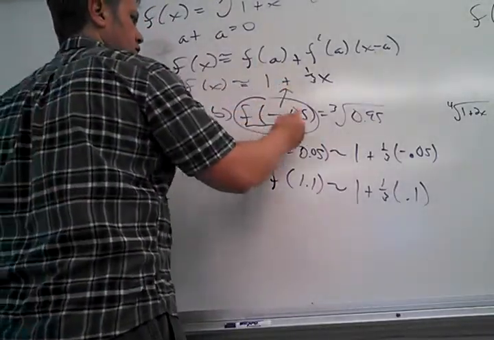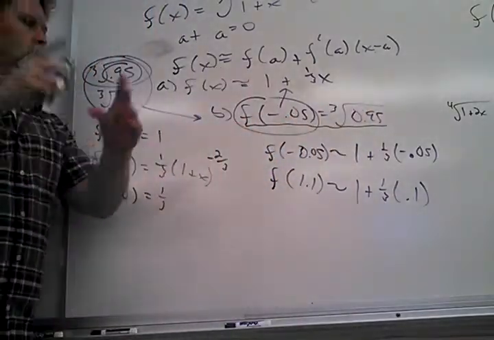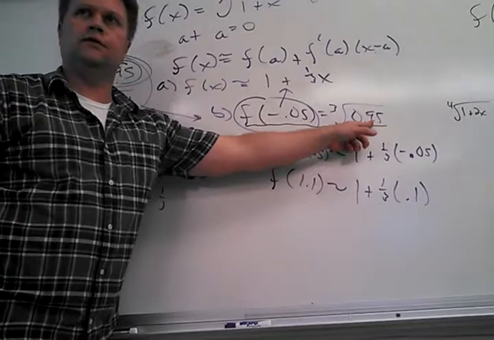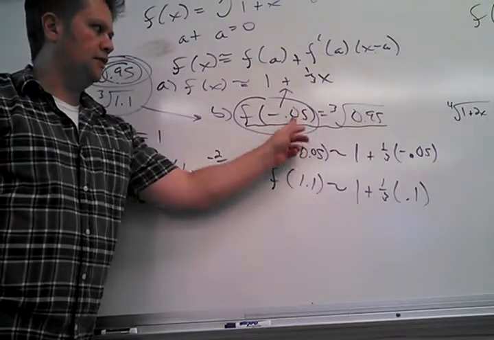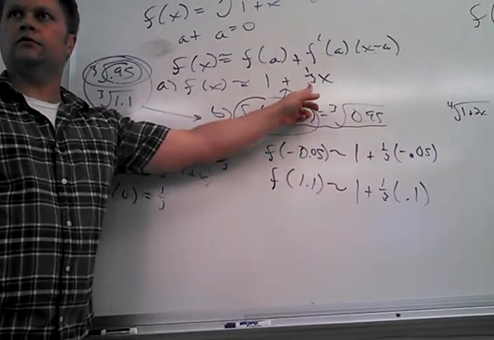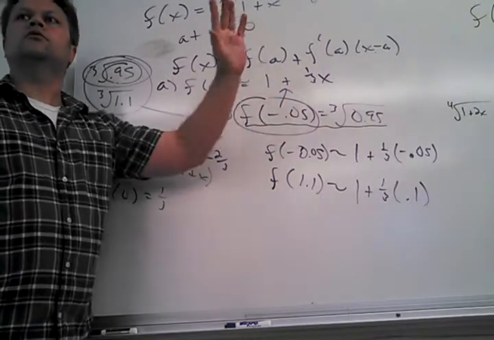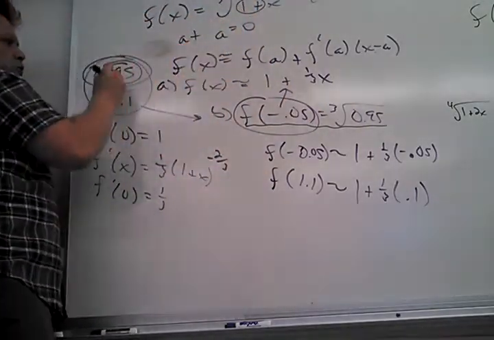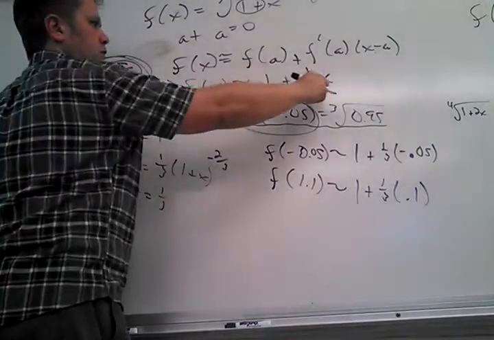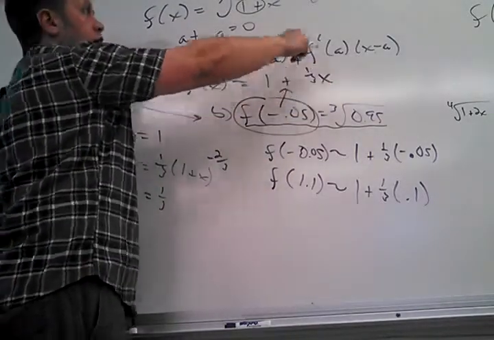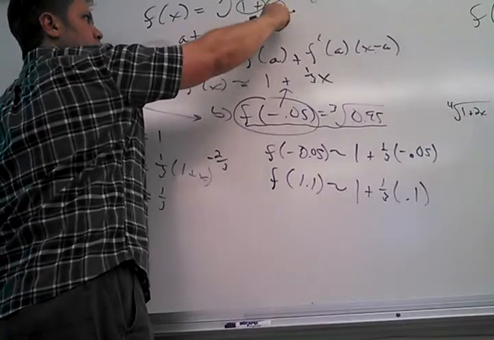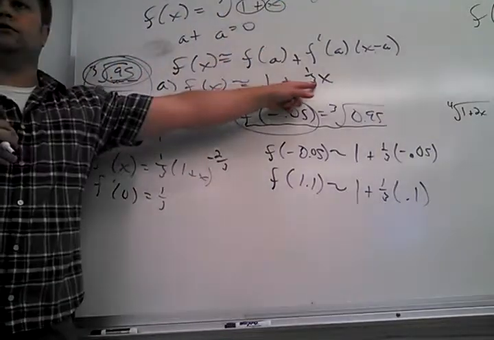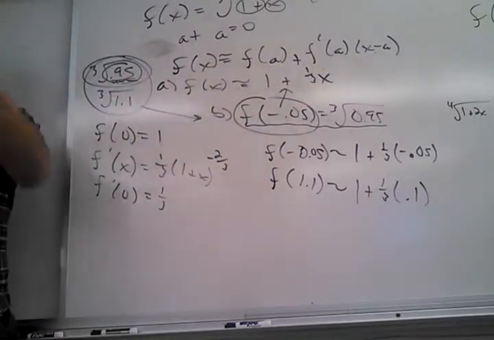Is this fact cool? Yes. Good. If I want to know the approximate value of this, I let x be this in my approximation. I can't just plug 0.95 in there. I have to figure out what x is actually equal to in order to make 0.95 inside. That's the x value I have to plug into my approximation. That's the actual x value.